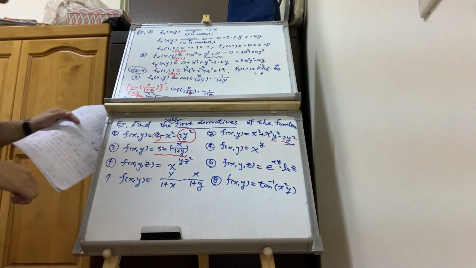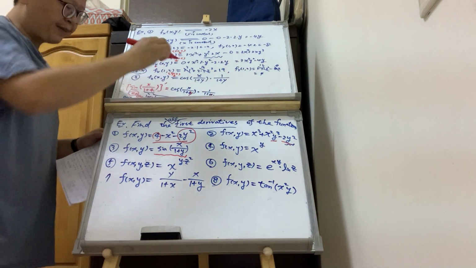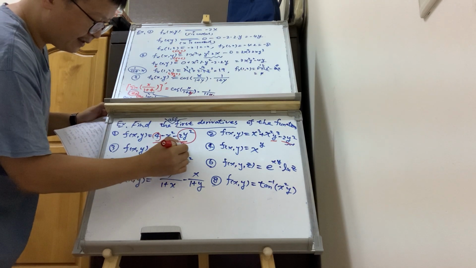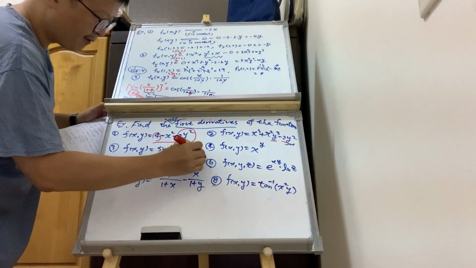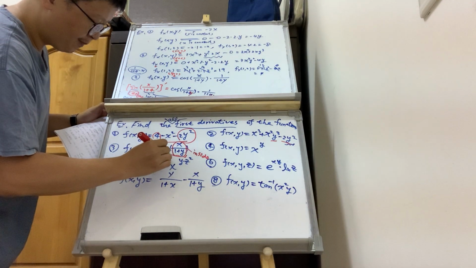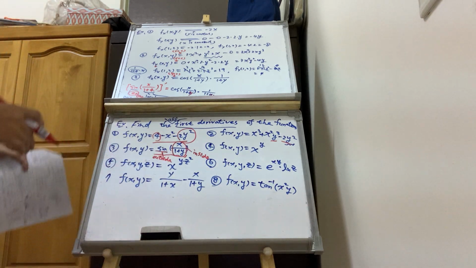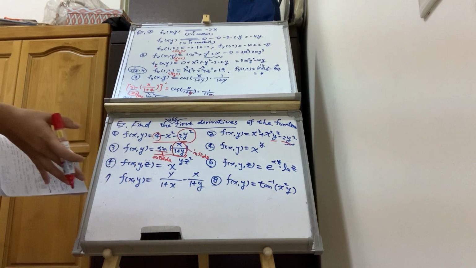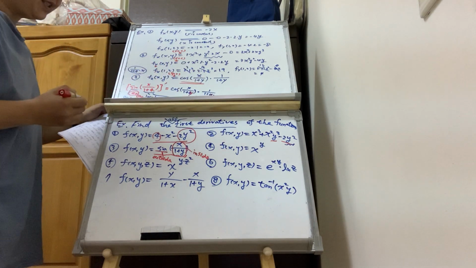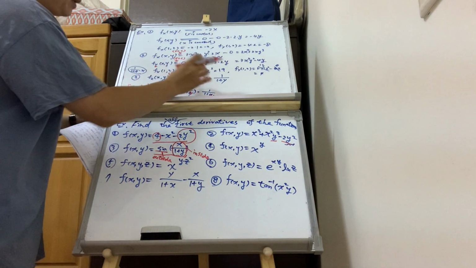Now you come back to this question, you could see actually it's the inside and the outside function. So when we consider its derivative, just use the chain rule. The outside function's derivative is this, but we should keep the inside.